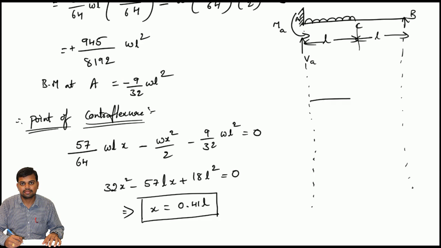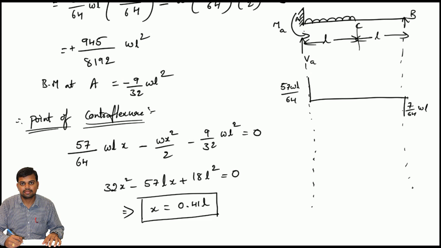So for the shear force diagram, here I got VA, which is 57 WL by 64, and at B I got minus 7 by 64 WL.